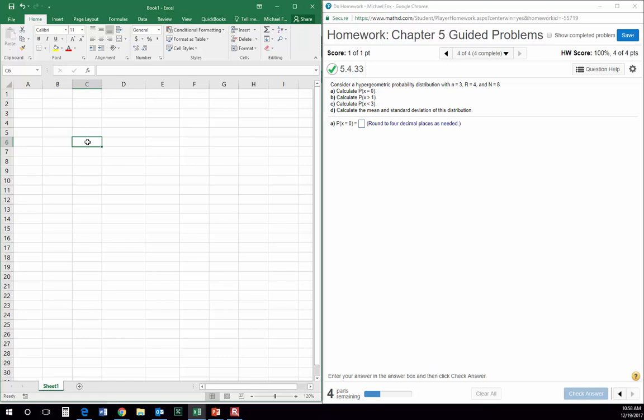The easiest way for me when I set these up is to put all my variables over here. My number x is my successes from the sample, which I don't have yet. My number n is the number of trials in the sample.